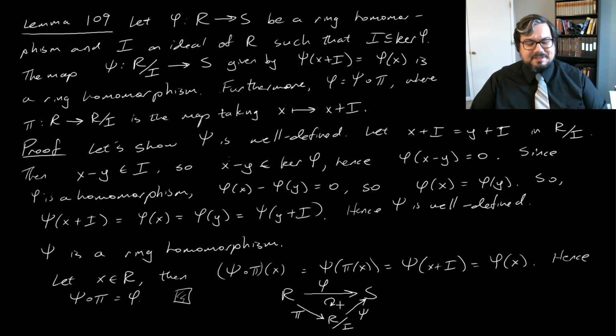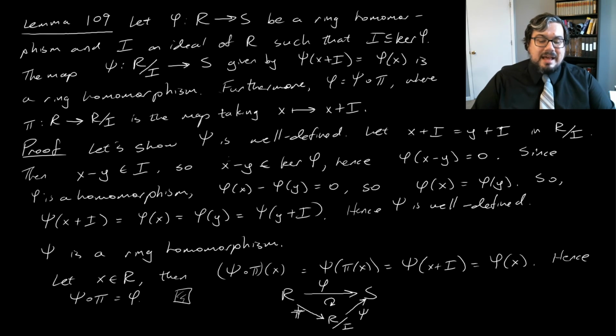This symbol in the middle, this swirly arrow, says that no matter how you get from one part of the diagram to the other, tracing along these lines, meaning apply this function, then this function, you get the same thing. That if I go straight from R to S via phi, or if I apply pi and then apply psi, I get the same result.